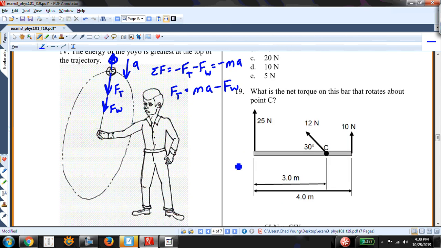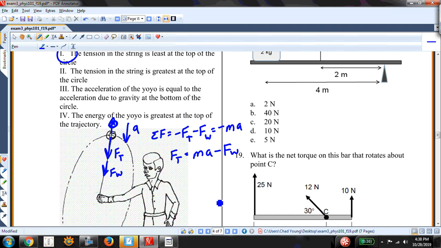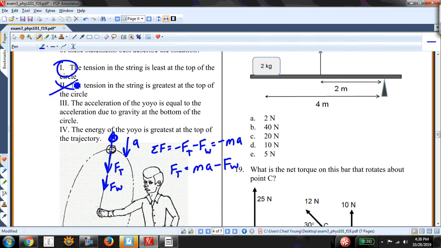As opposed to at the bottom, my tension is up, my weight is down, my acceleration is up, and it would be Ft minus Fw equals ma, and so Ft equals Fw plus ma, or ma plus Fw. So you see the tension is bigger in the bottom, which tells me that's not right.